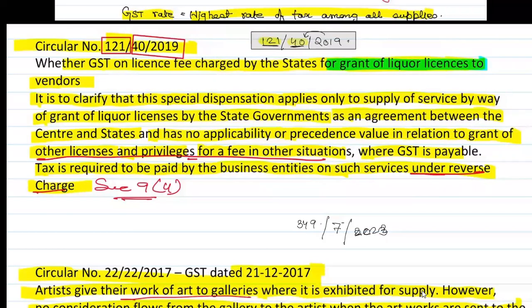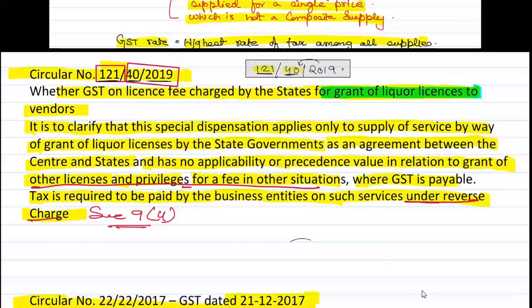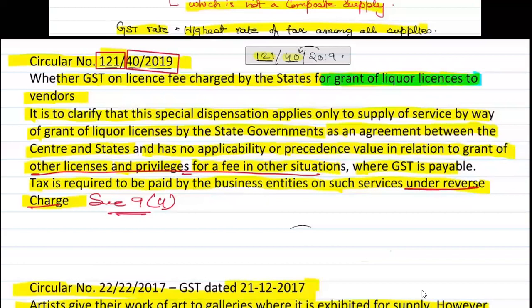Okay, so in all total till now 349 circulars have come, and of the year 2023, this is the 7th circular. Okay, this is how circulars are being read out. Okay, so this is 121st of the whole act, and this is 40th of the year 2019. Okay, let's see what they have asked, what they have clarified.